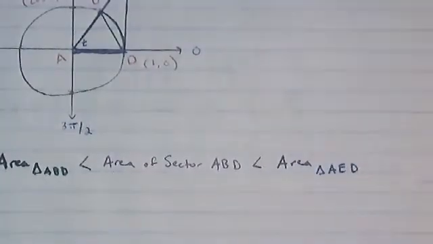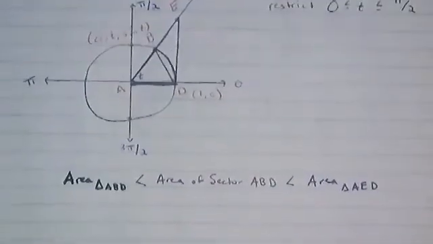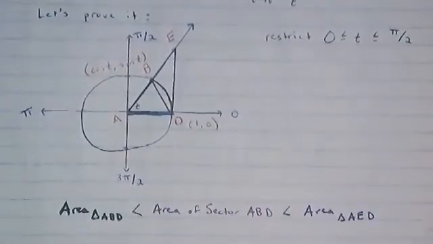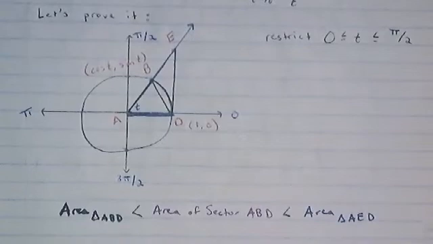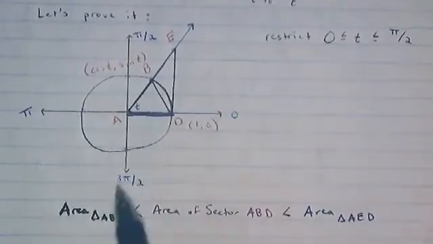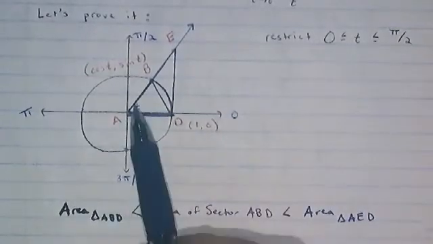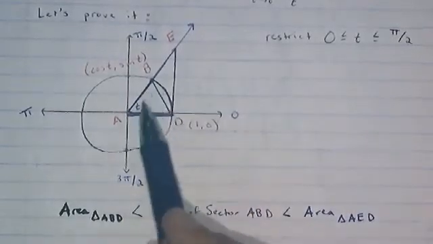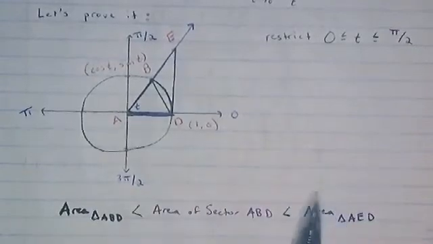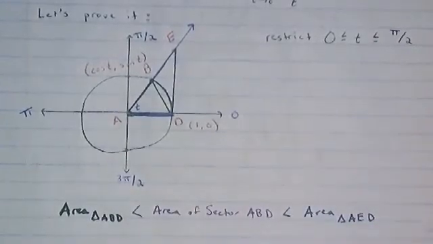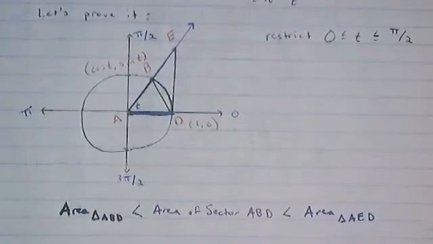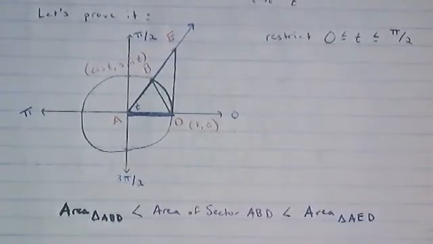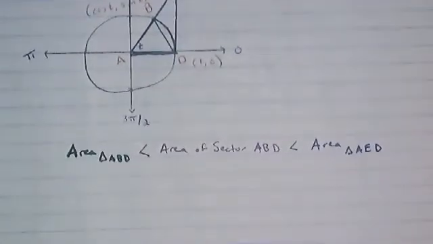This proof starts with basically a visual affirmation. The green triangle, ABD, has an area less than the purple sector, ABD, which in turn has an area less than the blue triangle, AED. Anybody have a philosophical issue with those statements? Okay, because everything flows from here.